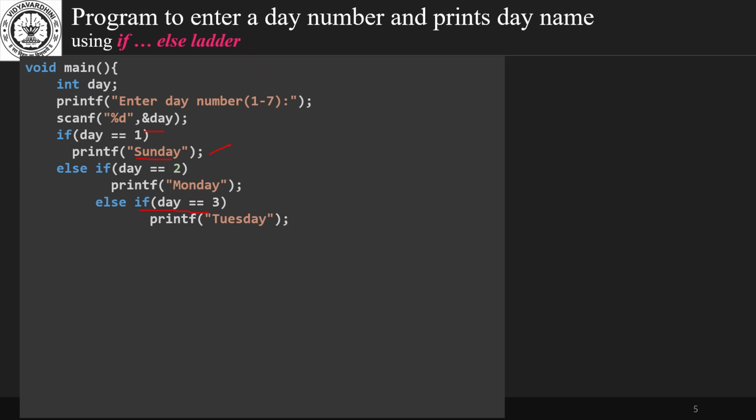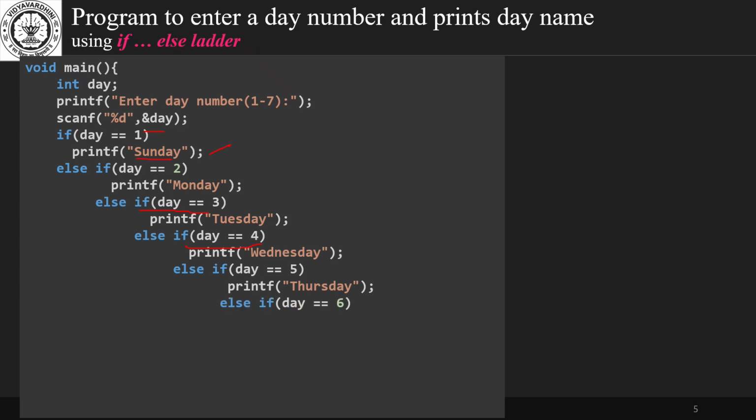If the third condition is also false, then go to the else part of it, and the next condition, that is the fourth condition, will be checked, if day equal to 4. If true, it will printf Wednesday. Otherwise, it will go to the else part, and the next condition, if day equal to 5, then printf Thursday.